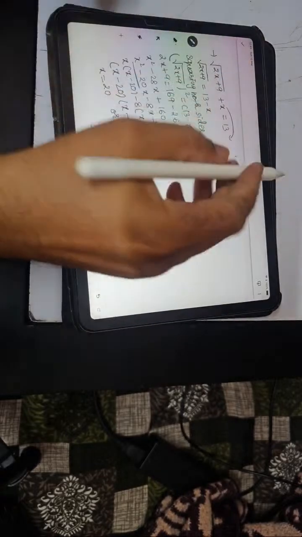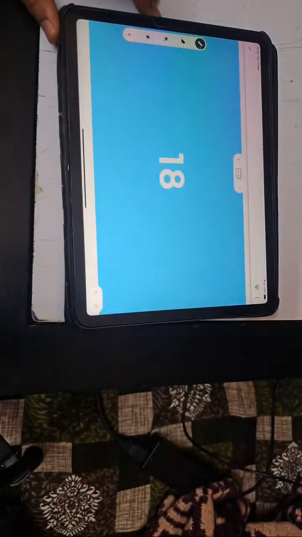Okay, so let us do one more sum of the same pattern. See, now one common sum every time is asked, a plane left or train went and that one. So I am taking one sum of that pattern also.